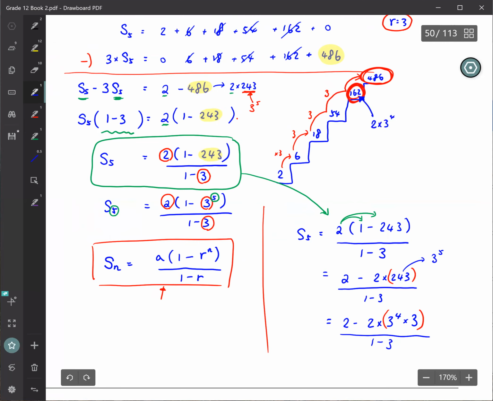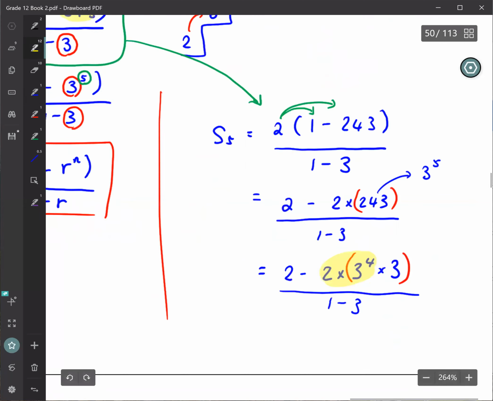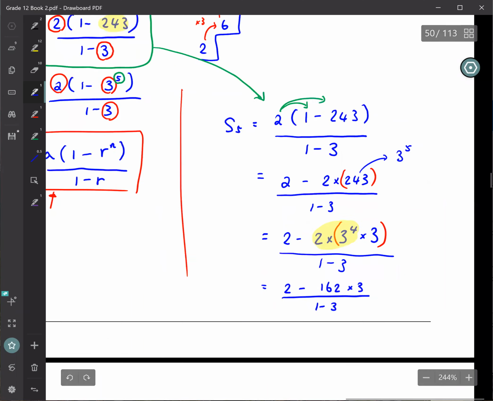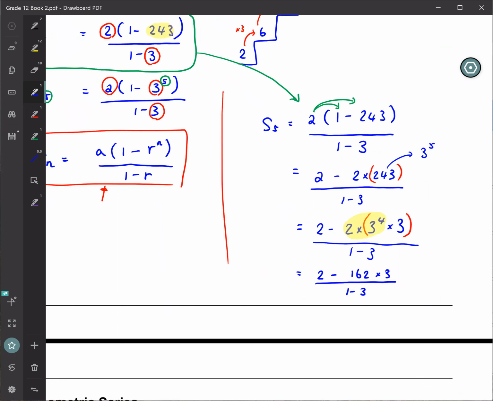So this part, the yellow part, represents the last term. 2 minus 162 times 3. Okay, so this is the form I want to use.